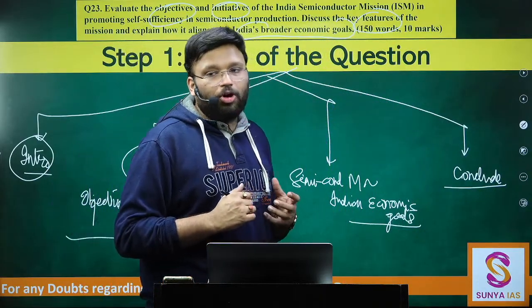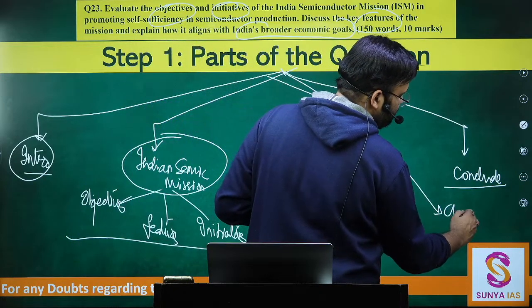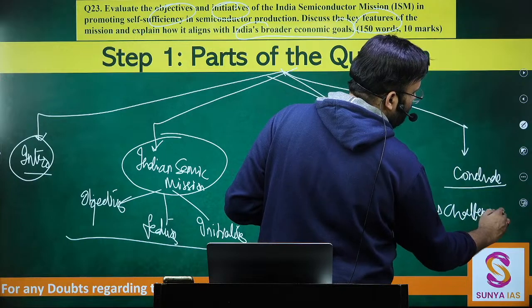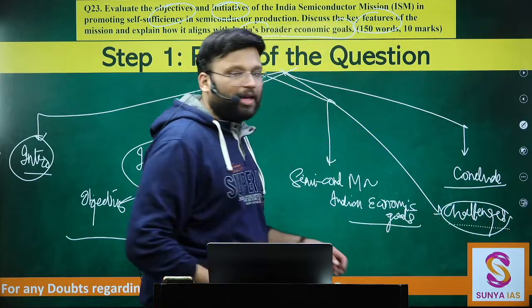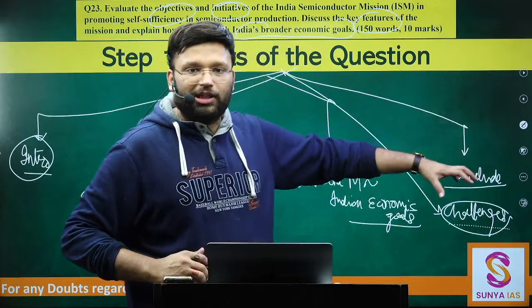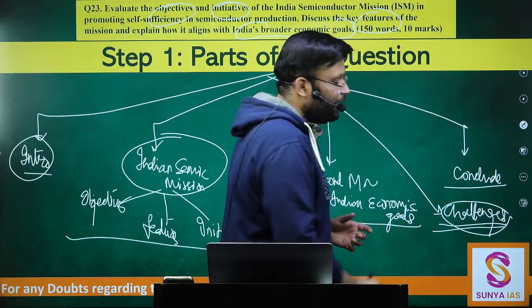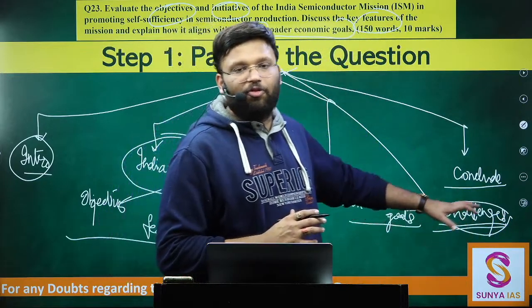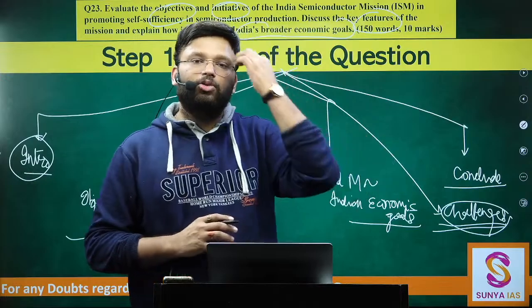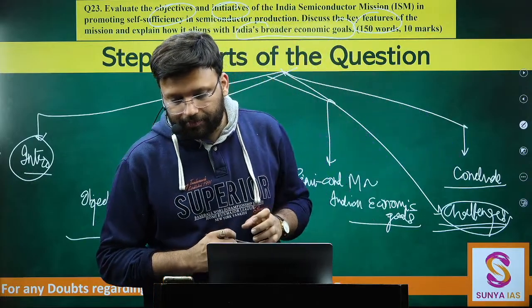So even if you want to tell the challenges, just tell it in a very crisp manner just before the conclusion, because you are going to give a futuristic conclusion, and you can give the challenges regarding this mission just before the conclusion so that you can end on a bright and optimistic note, right?